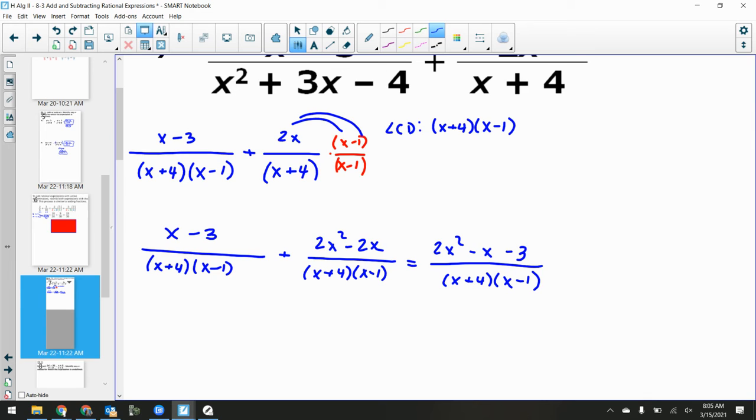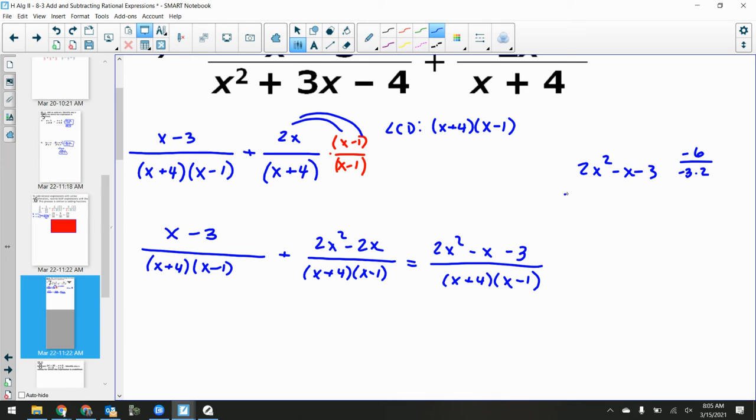And now I have to look and see if this is factorable, because I have to see if there are any common factors within 2x squared minus x minus 3. Got to see if I can reduce that down at all. So let's check it. 2x squared minus x minus 3. Factors of negative 6 that add to get to negative 1: negative 3 times 2.